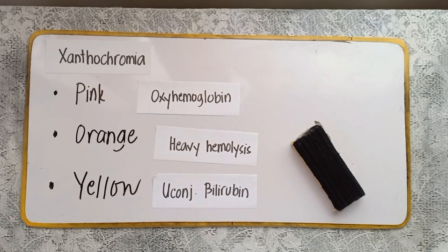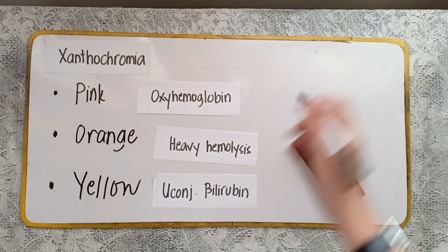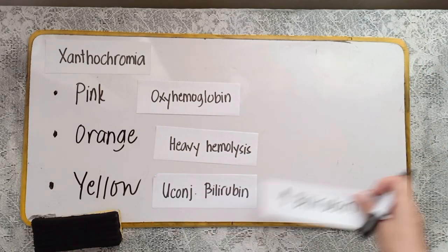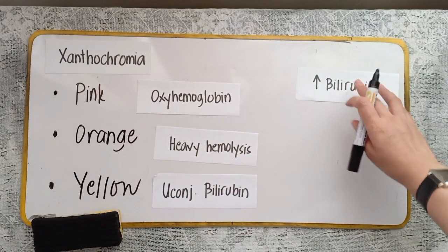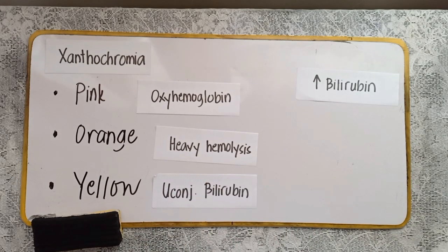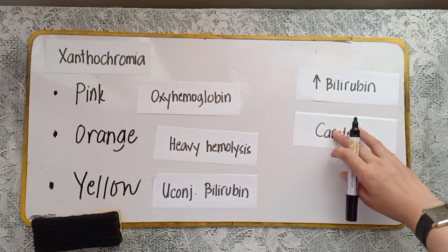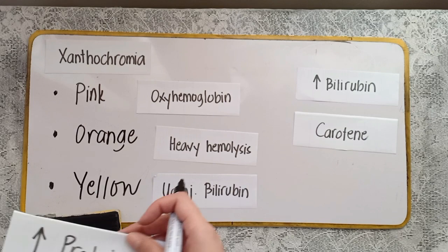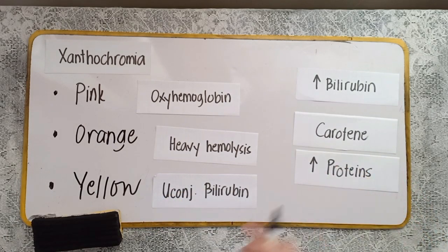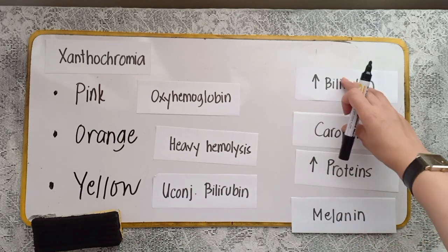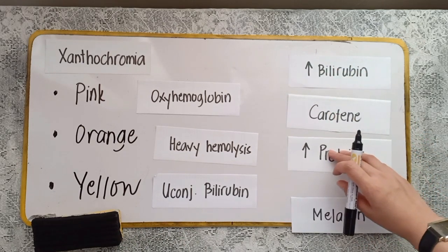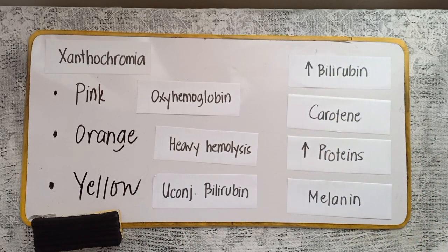Now, other causes of xanthochromia include elevated serum bilirubin, the presence of the pigment carotene, markedly increased protein concentrations, and even melanin pigment when the patient has melanoma.